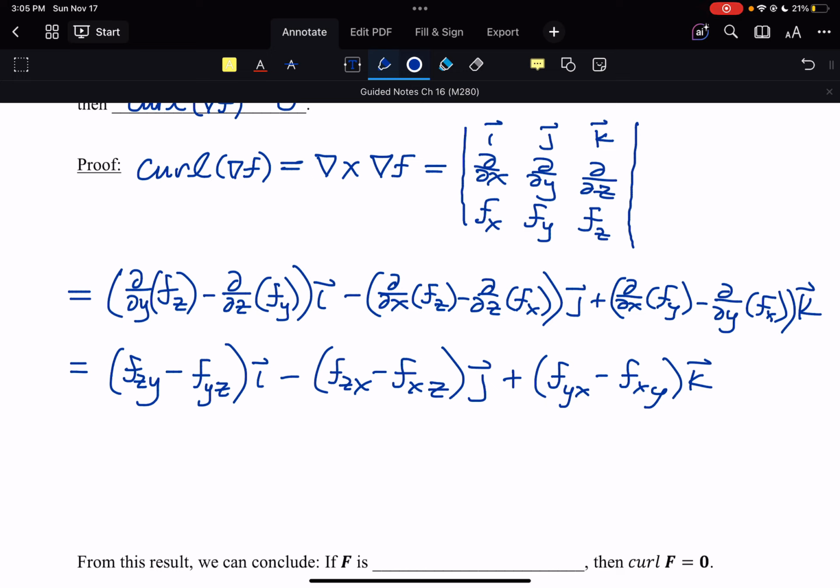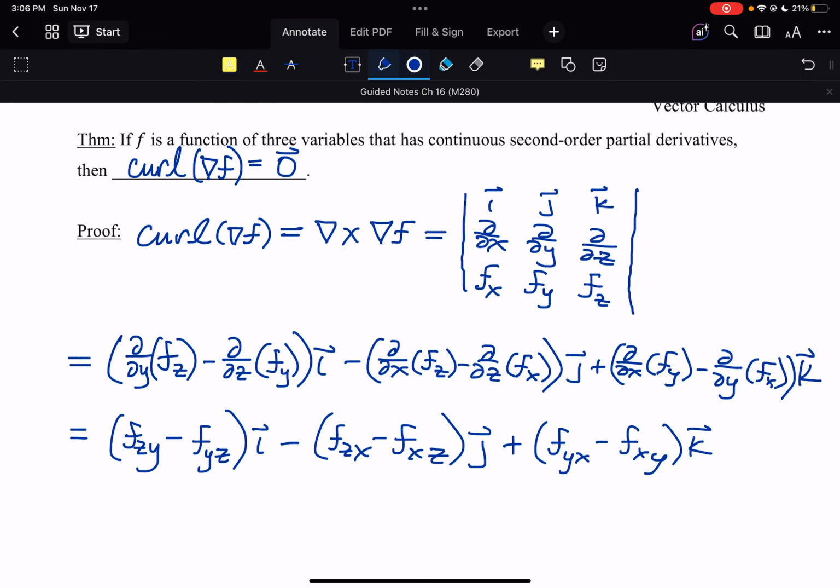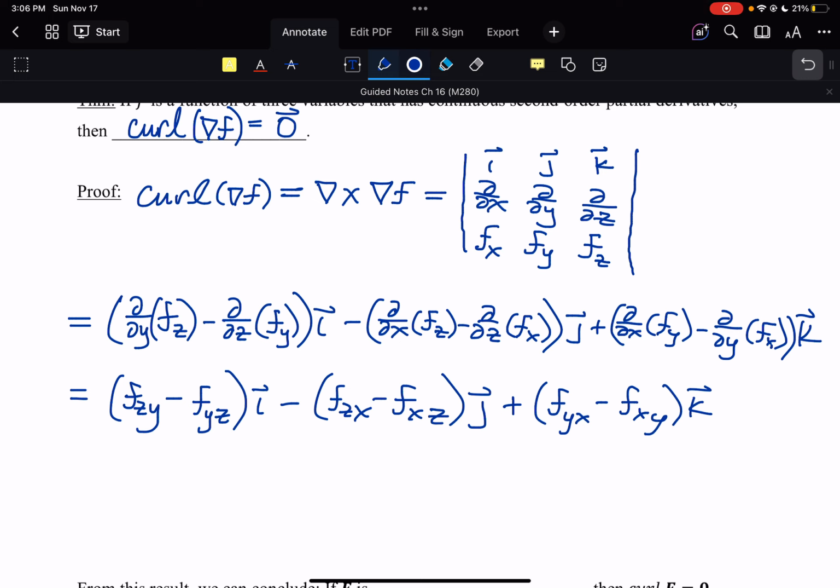And notice that in each of these cases, the partials are the same variables, but not in the same order. However, as long as we know that we have continuous second-order partial derivatives, we can utilize a blast from the past, and that was Clairaut's theorem. Clairaut's theorem said that as long as you have continuous second-order partials, the order of the differentiation does not matter.